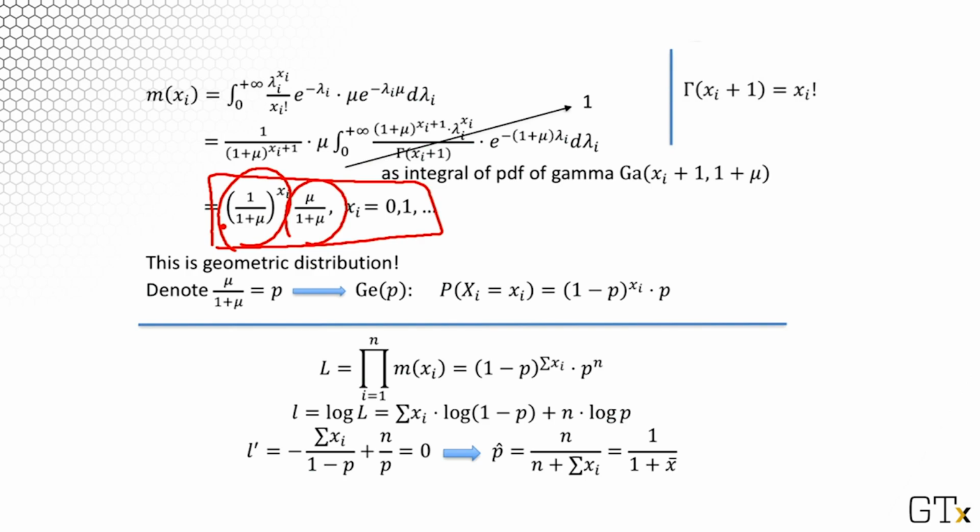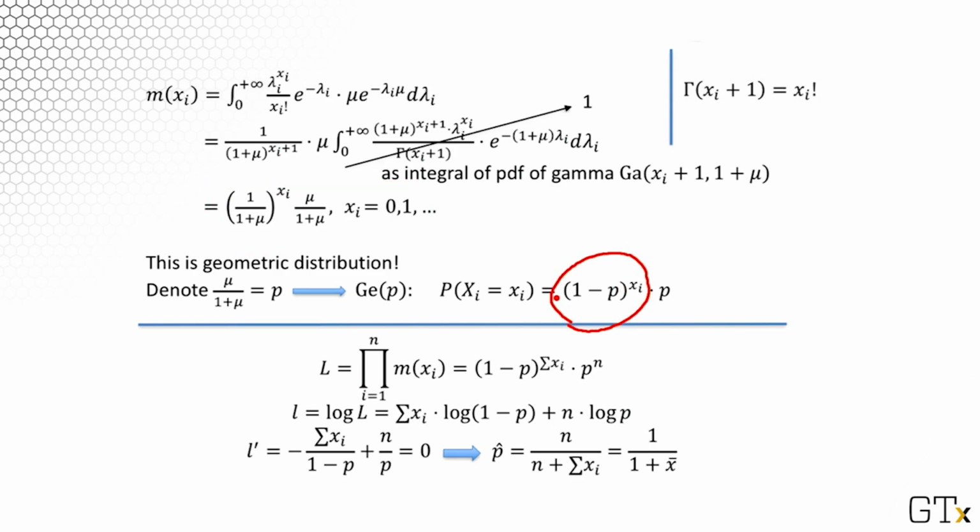Let's review what the geometric distribution was. Geometric distribution is essentially the number of experiments until first success, or in one interpretation, the number of failures until first success. In this case, it is the number of failures until first success. One fails with probability 1 minus p, and then has success with probability p.